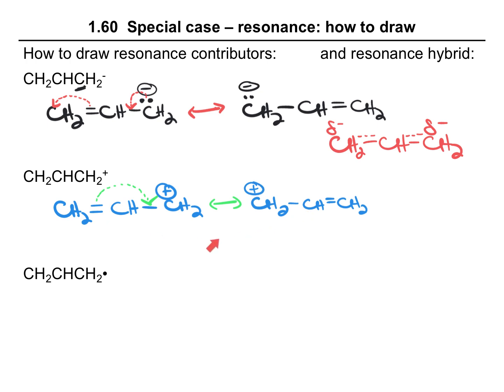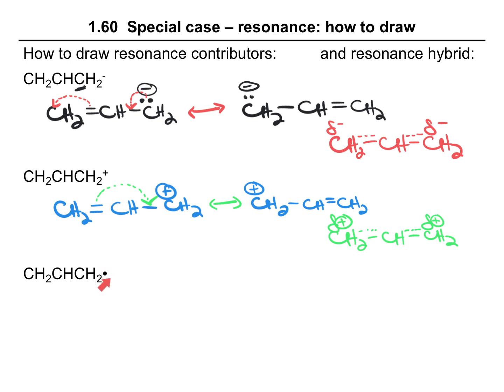Once again, these resonance structures are equivalent to each other, so they will contribute equally. So our hybrid is going to look like this. Our CH2 connected to our CH connected to our CH2, partial double bond character here and here, a partial positive character here and here. Now, in our third example, we have a radical.